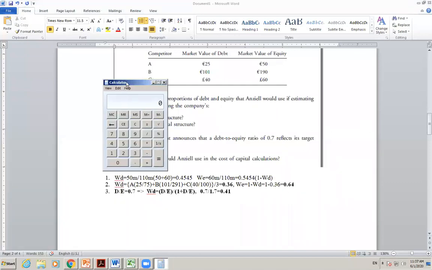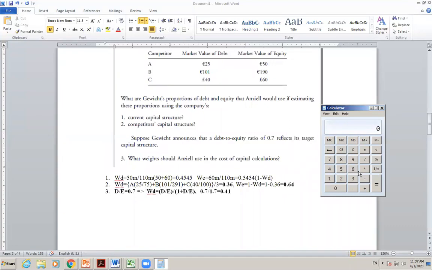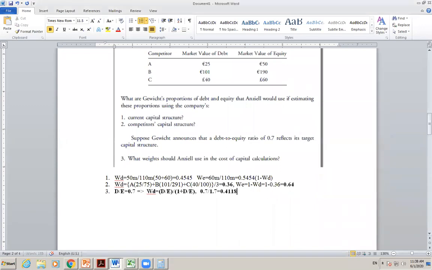Calculator just for you. Okay, 0.7 divided by 1.7, 0.4118 if you round it, okay? And to calculate the proportion of equity is 1 minus proportion of debt, which is 1 minus 0.4118, would give us 0.5882 if you subtract.